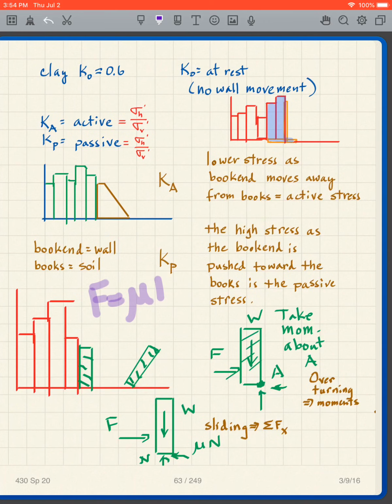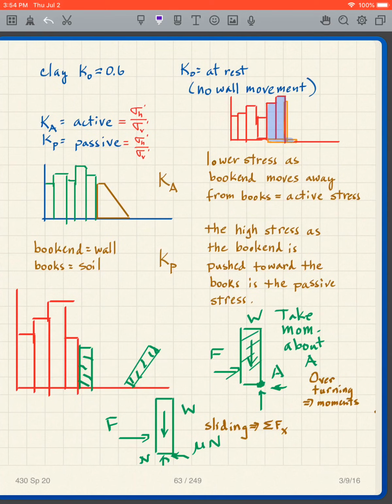And as a result, because this has to be heavy, it could be called, if we had such a word, a gravity bookend. Gravity bookend because it's heavy. It needs the weight in order to prevent sliding of the bookend.